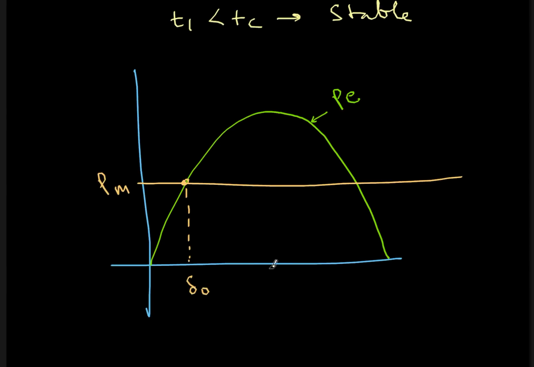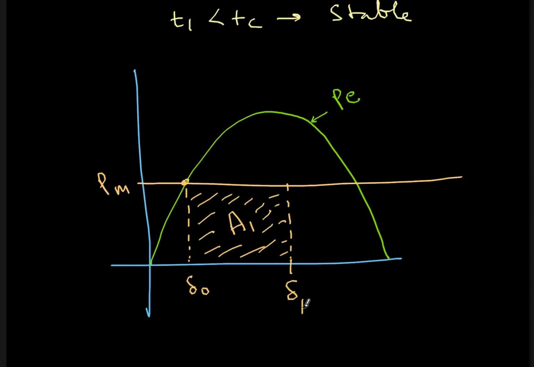Now, instead of clearing it very early at delta 1, let's say I make some delay. I take a long time to clear the fault at this point. Then this much energy is stored in the rotating mass, which results in an increase of the acceleration of the machine. Now, how to get back that energy?